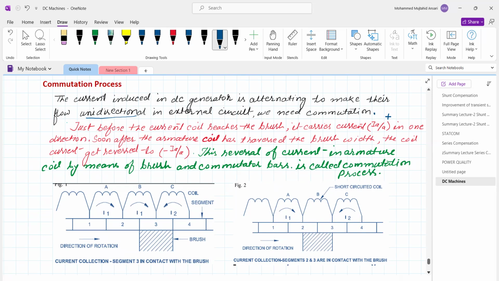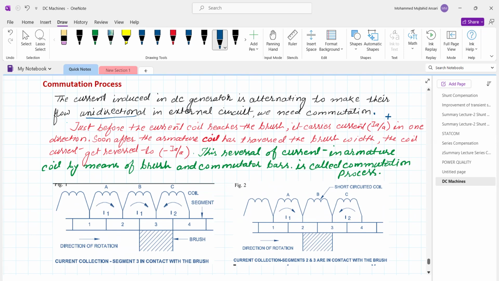Once it comes to the new position, the current direction changes. Half of the current is going to flow over here; we will see one by one. This reversal of current in the armature coil by means of brush and commutator bar is called the commutation process.